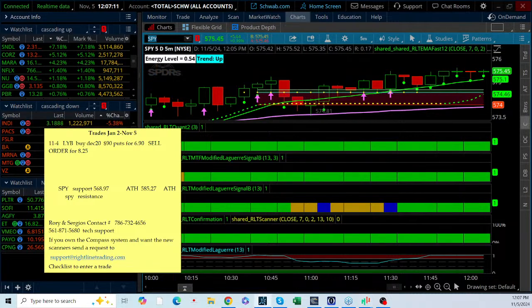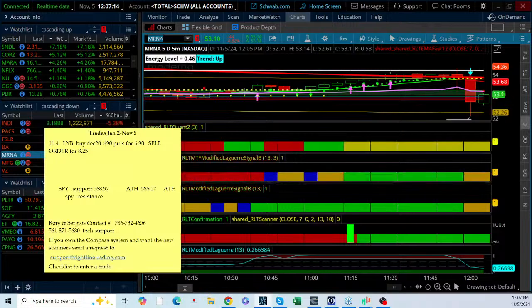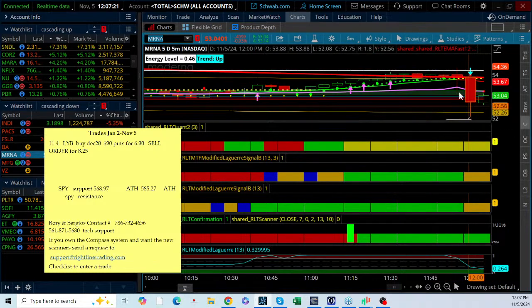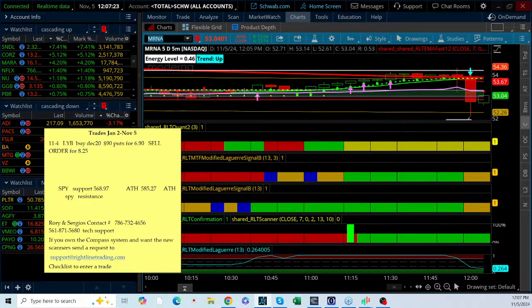Pop down, pop back up again. Again, this is not like a confirmation. This is just a news potential, and that's what caused the flush. Again, these are algos that drive this thing down when that happens. Daily chart on Moderna is pretty horrible anyway.